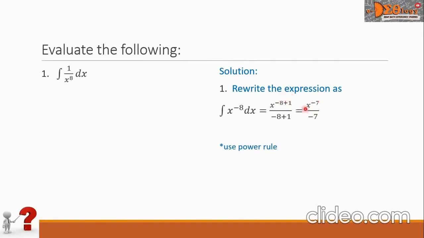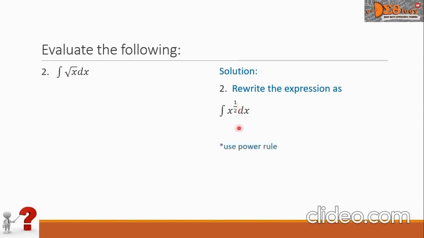So we have x raised to negative 7 all over the denominator, which is also negative 7. We can simplify this expression into negative 1 all over 7x raised to 7, and then we will add the plus c. This is now the final answer.